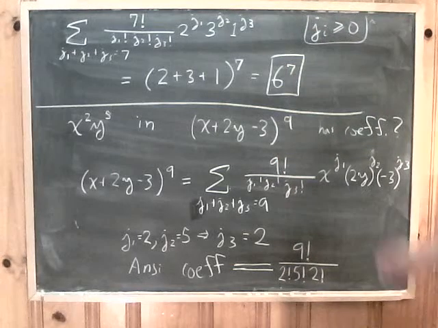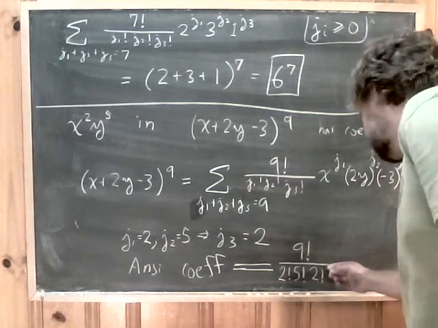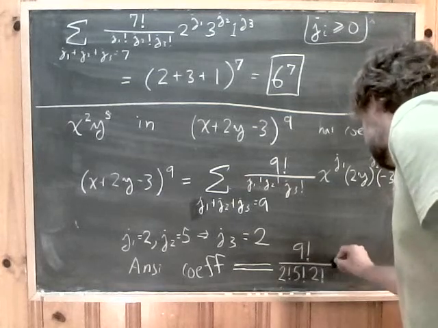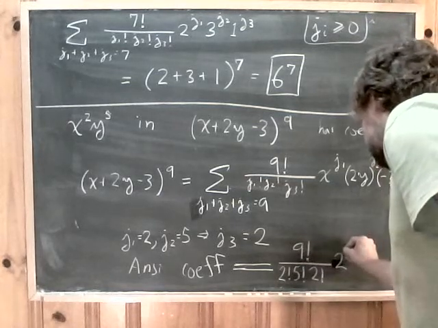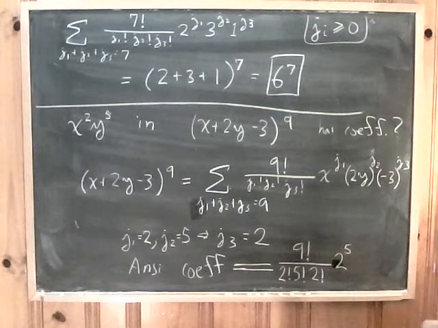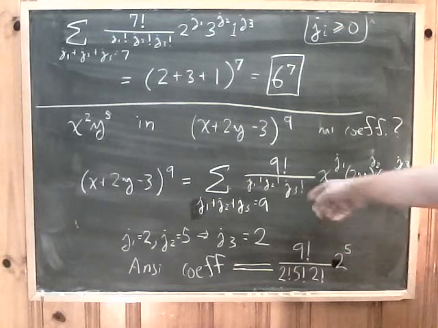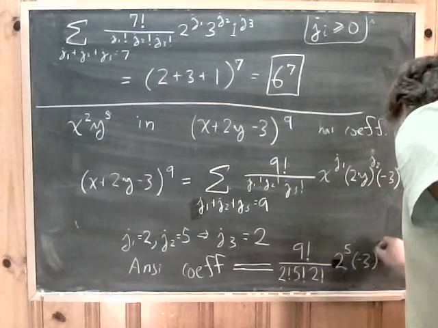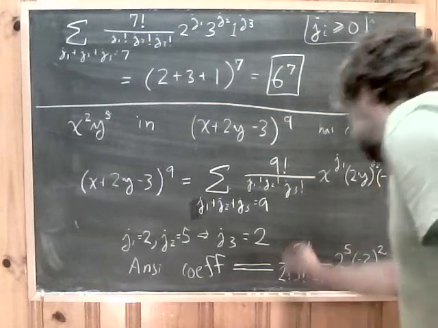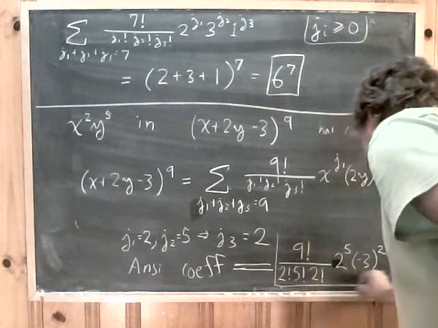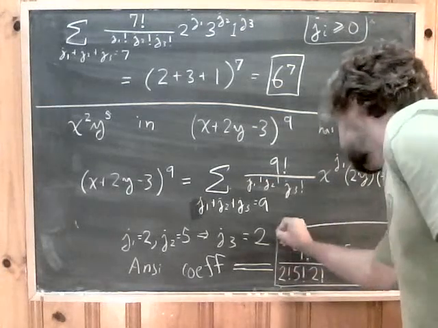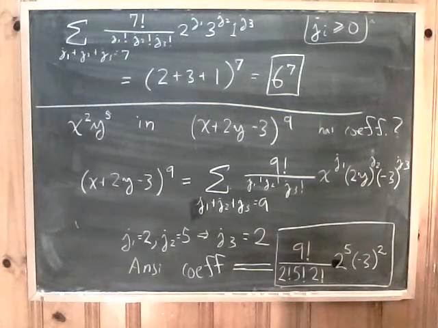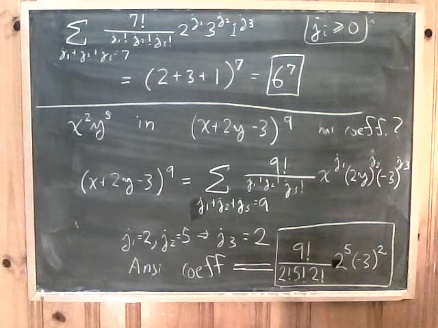There's going to be a 2 to the j2, which is 2 to the 5. And also a negative 3 to the 2. Now it's time for the calculator to finish that off. But that's the full written out version of it.